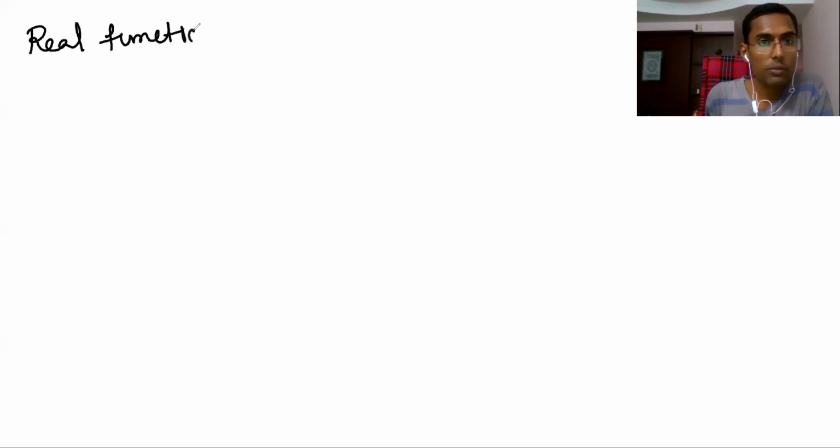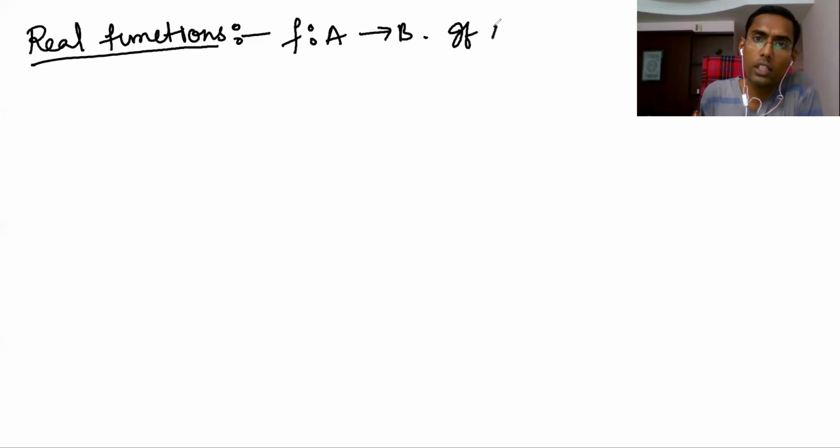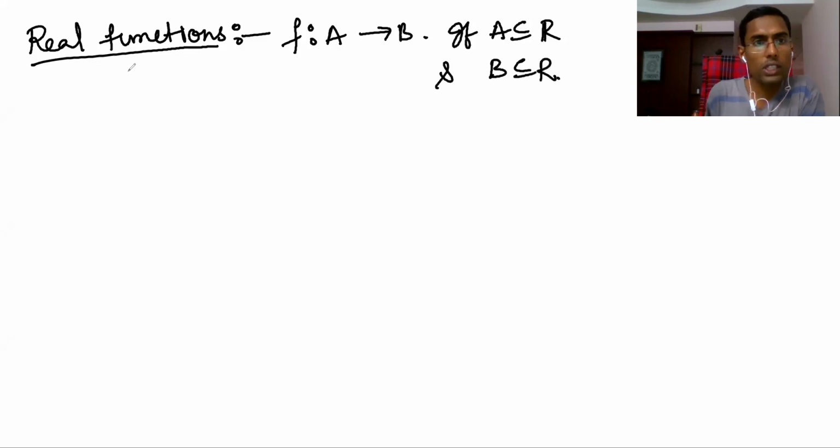So now, real functions. What does it mean, real functions? Now f is a function from A to B. If A is a subset of real numbers and B is a subset of real numbers, then f becomes a real function.